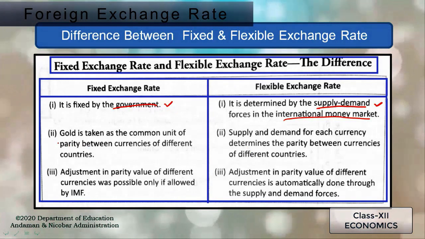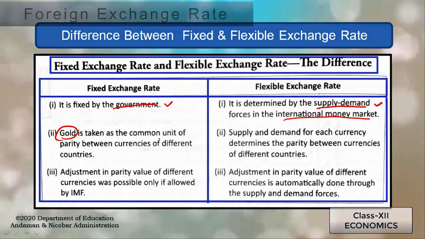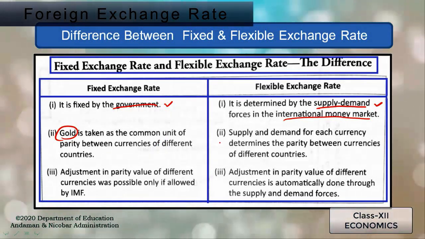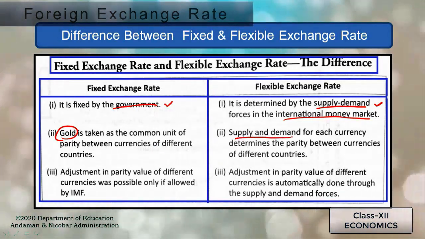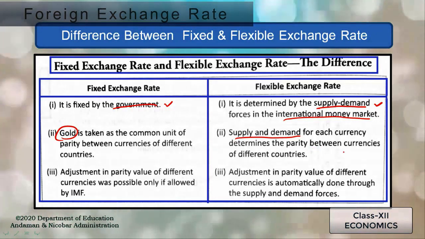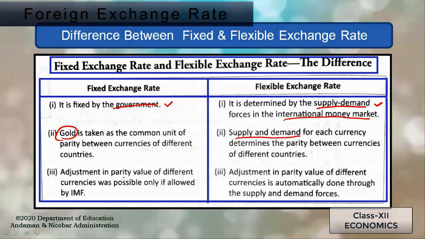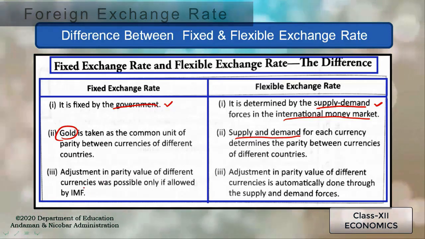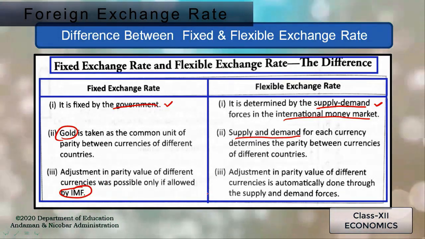The second difference is that in the fixed system, gold is taken as a common unit of parity between currencies of two different countries, but in the flexible rate system only the supply and demand for each currency determines the parity between two currencies. And lastly, the parity value of different currencies can be adjusted only when allowed by the IMF, that is the International Monetary Fund.